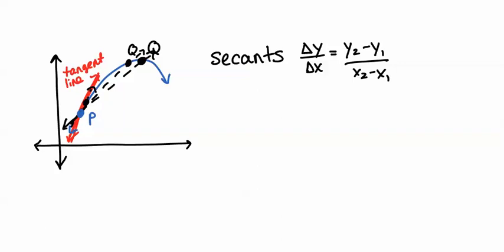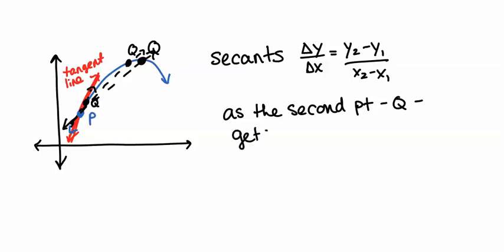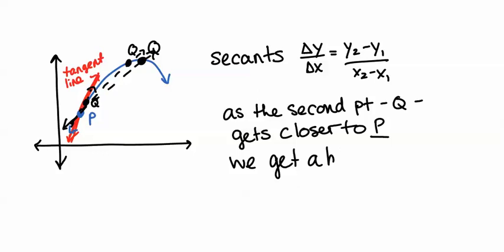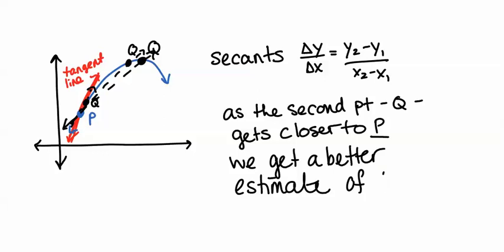As we move point Q closer and closer to point P, so as the second point Q gets closer to the point P, we get a better estimate of the slope at P.